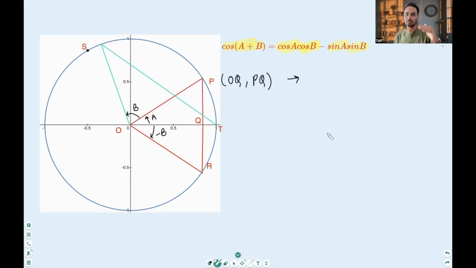But if we look in the triangle POQ, we'll find out that OQ is the same as cos A.